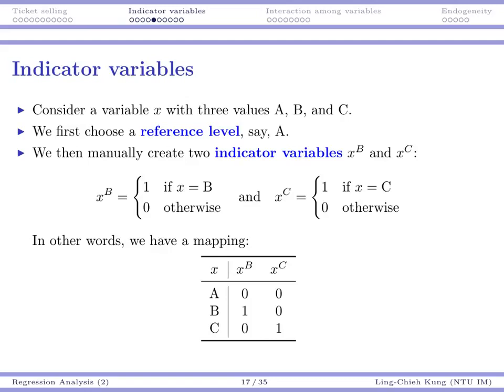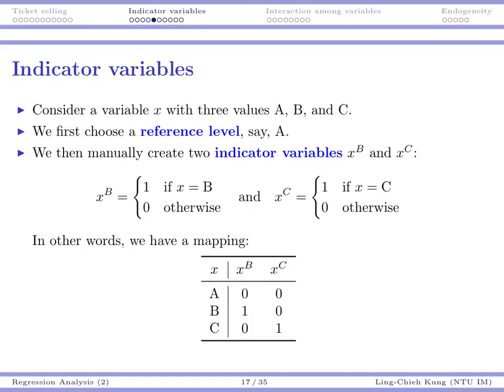And then for all the other unchosen values, for each of them, you will create an indicator variable to record 0 or 1. 1 means you label the variable as 1 if that corresponding value is really b. Or you label that value as 1 if that corresponding value is c.